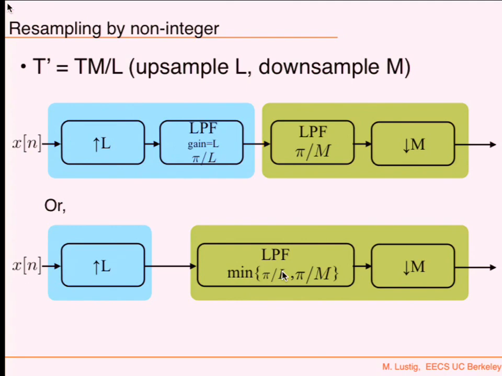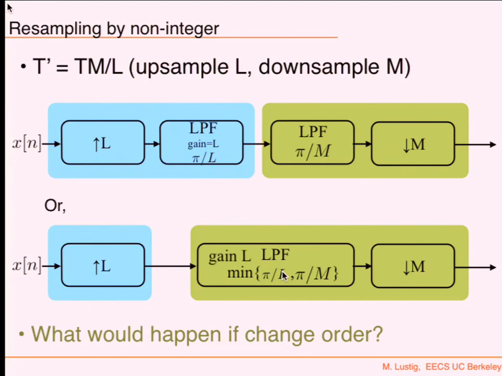So if we downsample first, let's say we want to resample at a rate of 1,000,001 divided by 1,000,000, and you downsampled first, you would get nothing. It would be an almost constant signal. Obviously, that's not the right choice. So that's not a good idea.